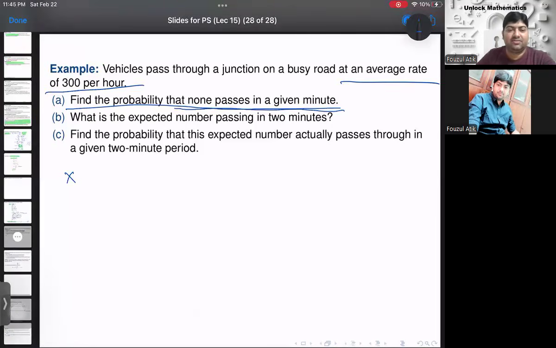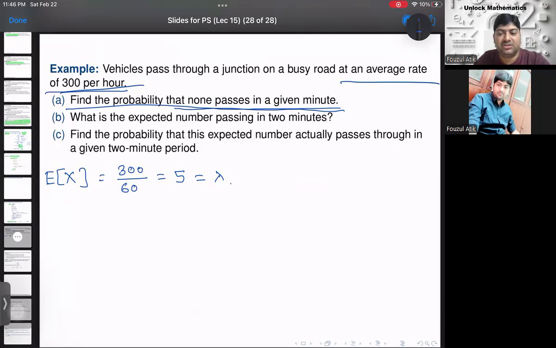Then what is the expected value of this X? It was given as 300 per hour. So E of X should be 300 divided by 60, so it is 5 per minute, right? So this is our Poisson random variable's lambda, that parameter.